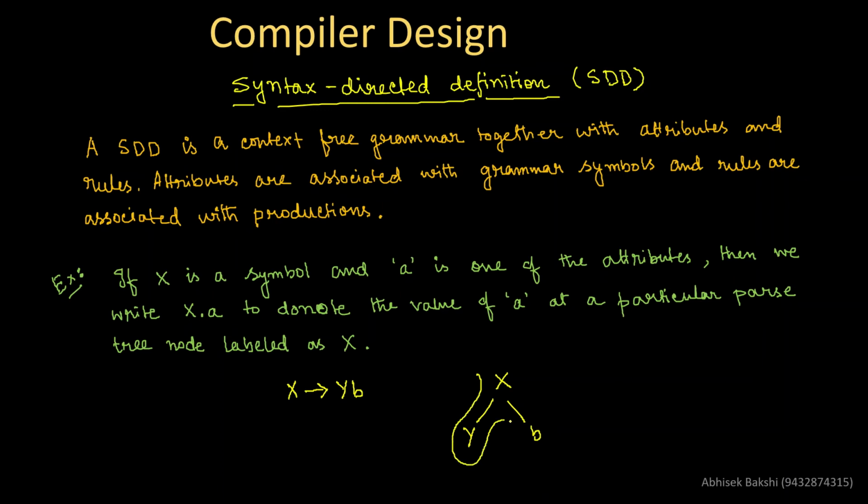Now the question is, this X is your symbol. Under this symbol, A represents a value where basically the result of this YB will get stored. I'm assuming that there is some operation representing this YB, and after this operation the value will get stored within A, that we represent by X dot A. That is why we call A an attribute.